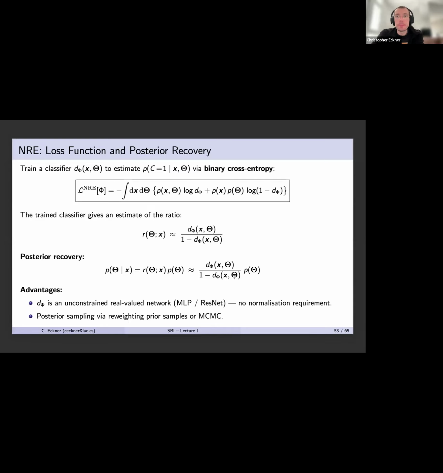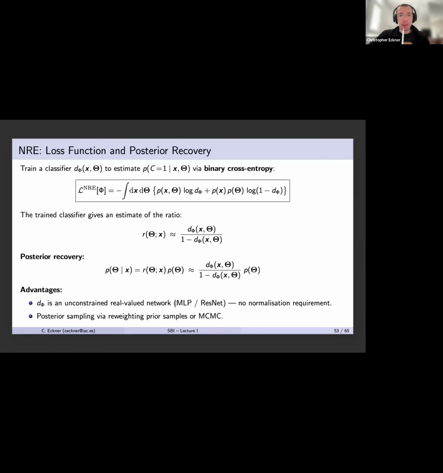However, of course, if your input data is high dimensional, you would like to have a summary statistic in between. So you can define your network such that first you have, let's say, a head network that compresses your input data and then leads the output into this simple network that does the binary classification task. So you can make this a bit more complex because you need a summary statistic.